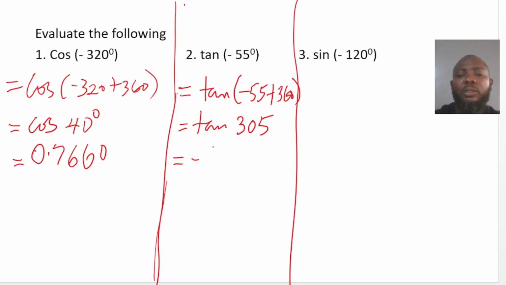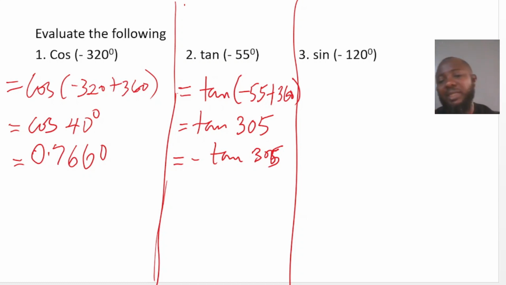So minus tan 305 degrees. And this one too, you can use your calculator straight and find it, or you can change it to the other one when I explain the other one. So that means you just press tan 305.